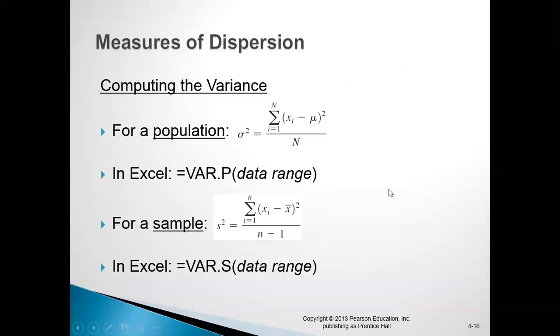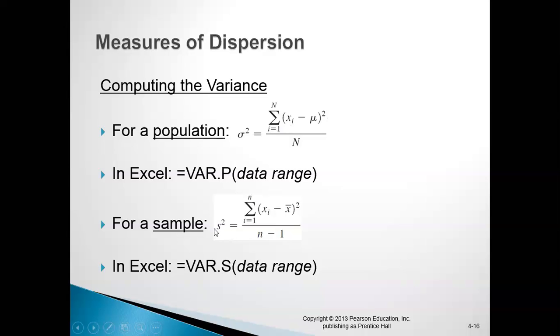Okay, now the next concept about measures of dispersion is computing the variance. Variance is also one of the very important concepts in measures of dispersion, where the population formula is on your screen. That is sigma squared, the summation of (xi minus mu) squared upon n.